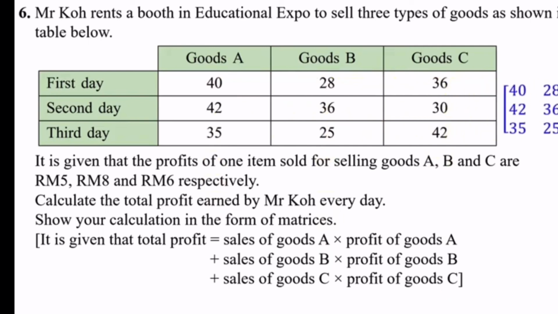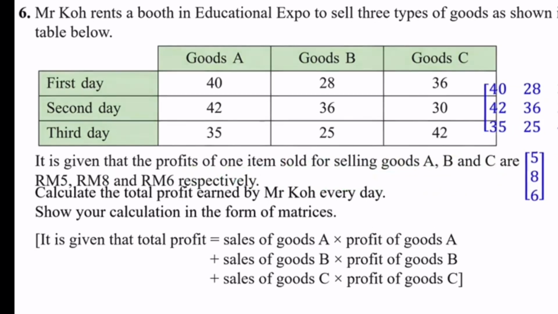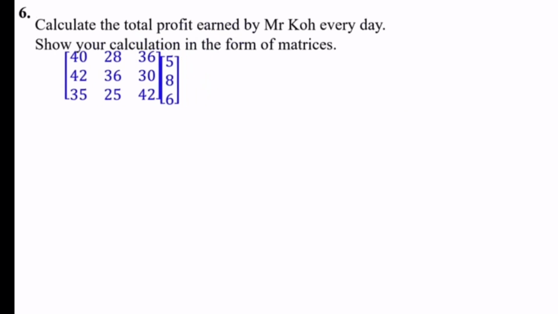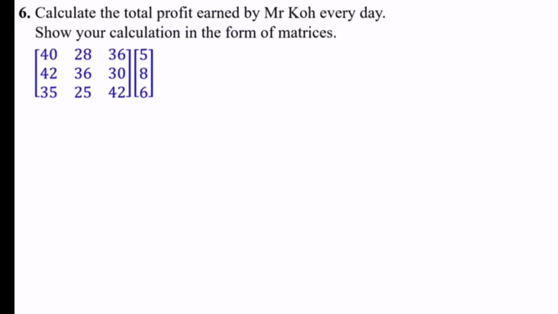It is given that the profit of one item sold for selling goods A, B, and C are 5 ringgit, 8 ringgit, and 6 ringgit respectively. So calculate the total profit earned by Mr. Cole every day and show your calculation in the form of matrices.